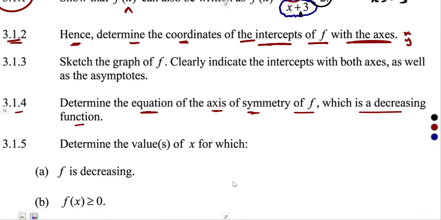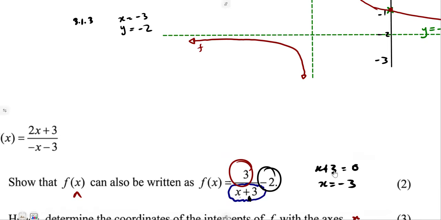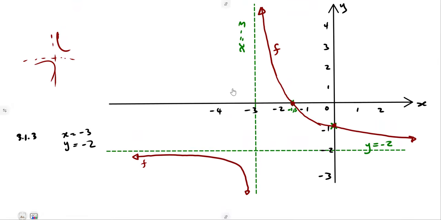Axis of symmetry, remember there is this one increasing and there's another one decreasing. So they want the decreasing one, with a negative gradient. So where are we going to have our axis of symmetry? It is going to pass through the intersection of the asymptotes, where x is minus 3 and y is minus 2.